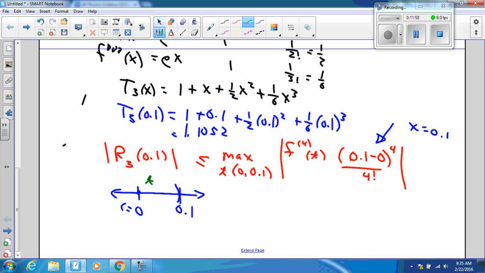So the only question then is, how do I maximize this? And we have a bonus. The bonus is that our function is easy to deal with. What is the fourth derivative of e to the x evaluated at t? e to the t, that's right.